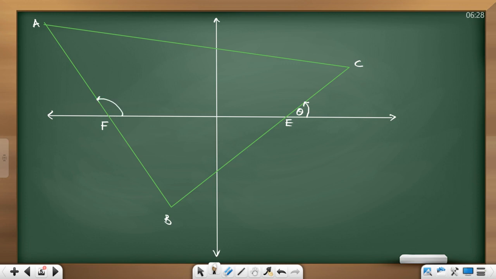This would also go anti-clockwise, and let's call that beta so that we create a difference between the two. An examiner will commonly ask you to calculate alpha, but that's not our focus here, as you just use your normal geometry of triangles. Let's look at how to get theta and beta.